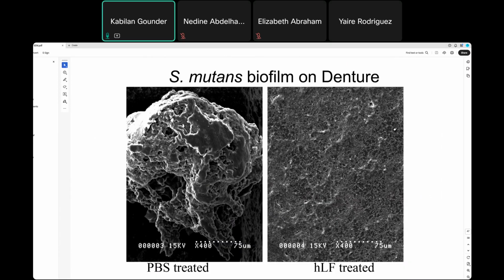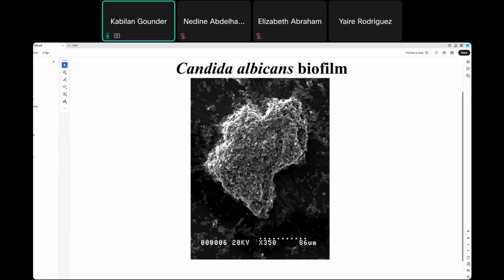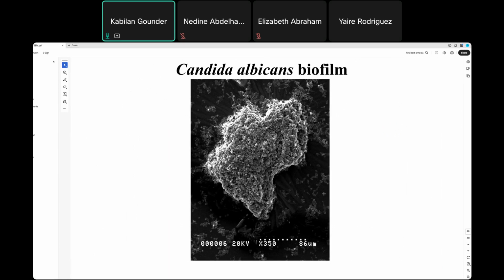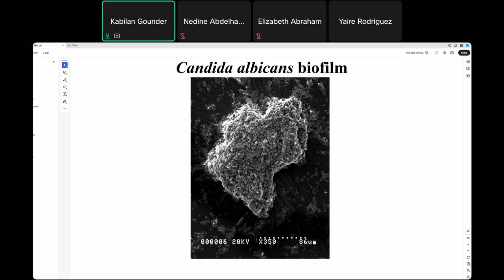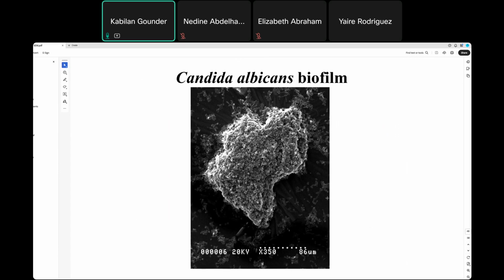You can see from the two different treatment groups the difference in biofilm. Also, the Candida albicans biofilm: you can see a typical biofilm of Candida albicans using the scanning electron microscope.